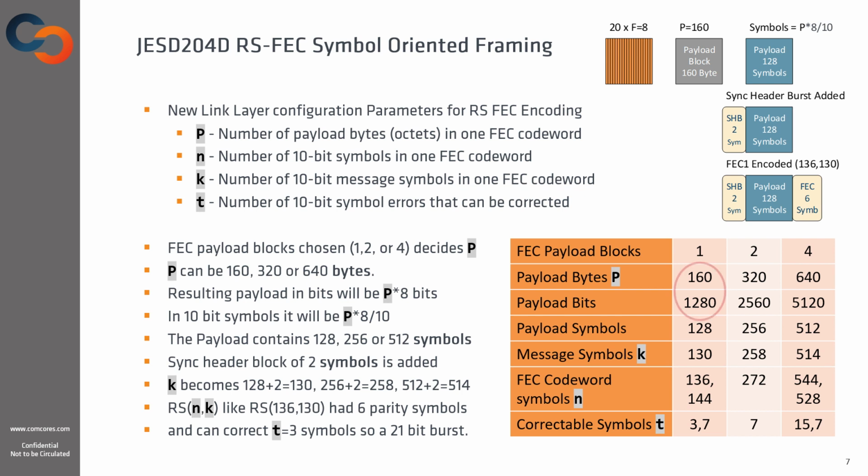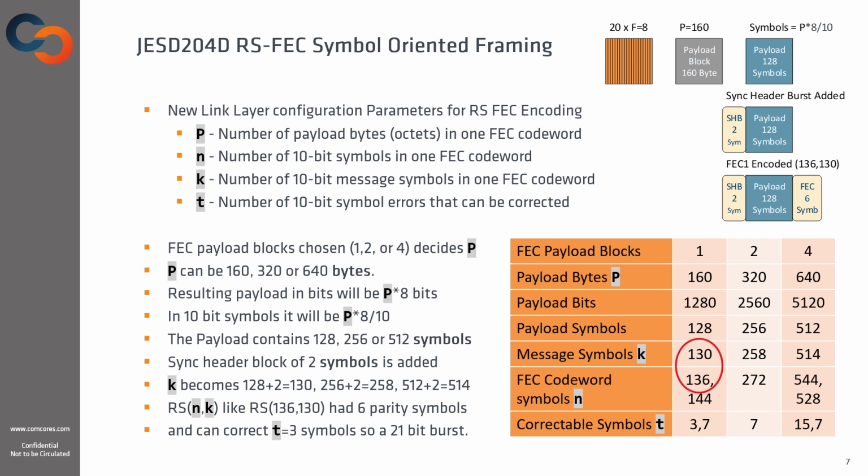So 160 bytes or 1280 bits will be represented as 128 10-bit symbols for FEC processing. These 10-bit symbols are the units of data that the RS-FEC uses, so we must do this conversion to understand the parameters. You can also see this when the FEC is defined, like RS-FEC 136, 130.